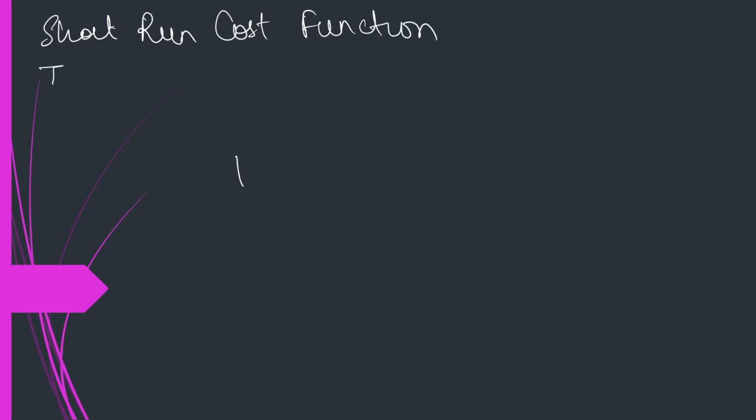Now short run cost functions. Your total cost is F of Q, that is TFC plus TVC.